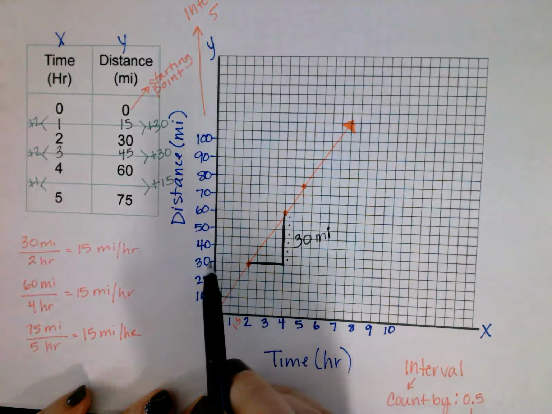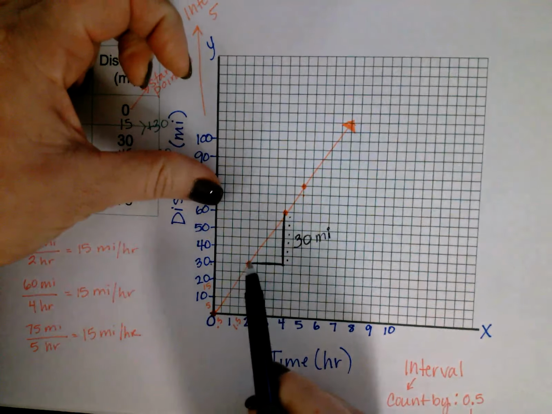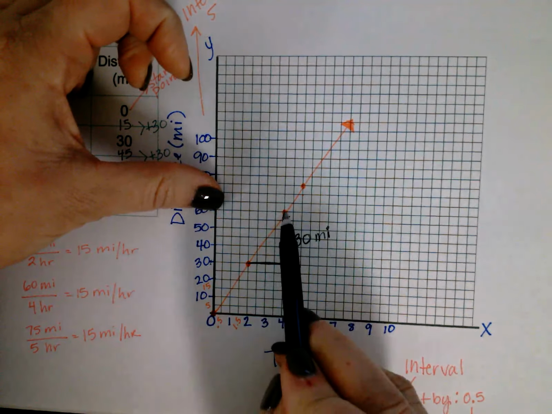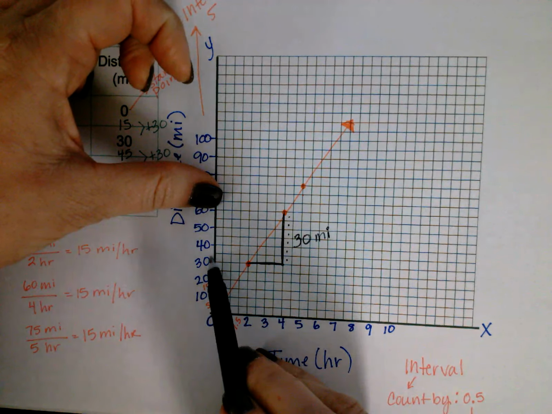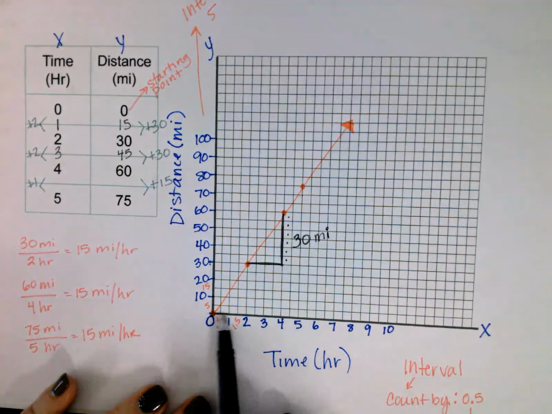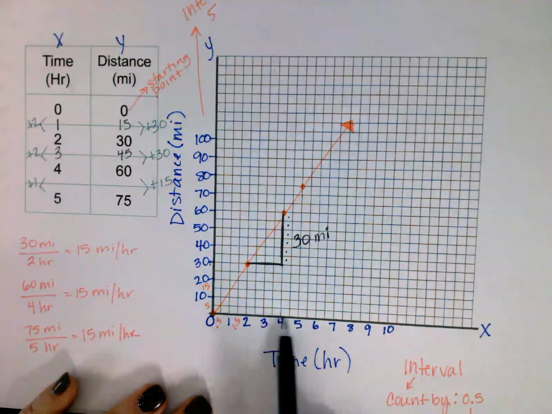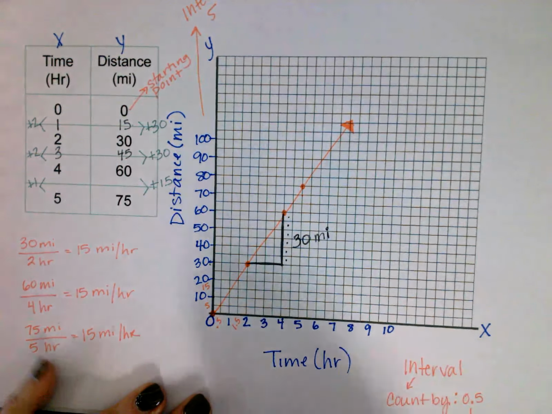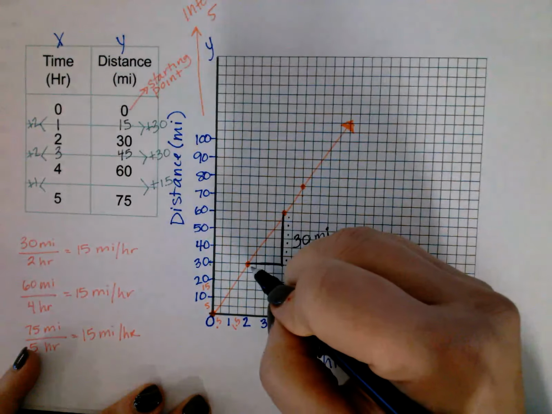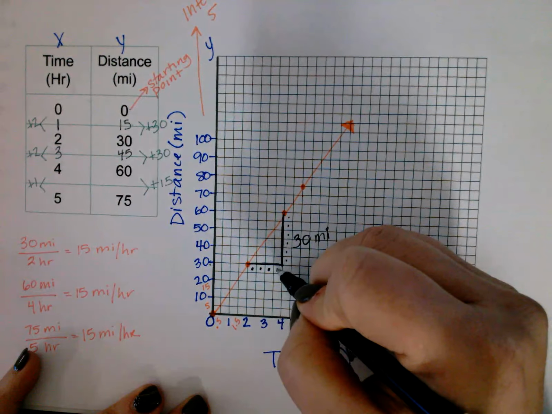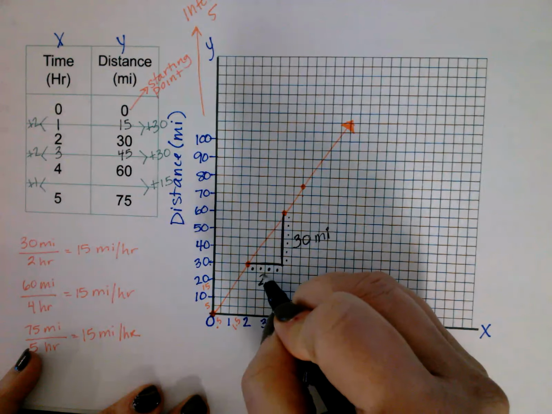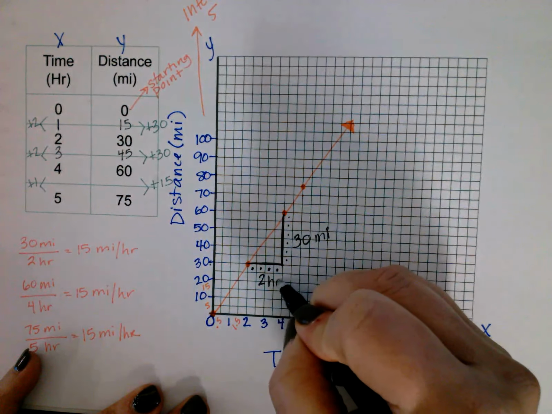That makes sense because if I looked on my graph, this dot is at 30, this dot is at 60. That is a change of 30. Remember we talked about what we counted by across the bottom? We counted by halves. So this would be a half, 1, 1.5, 2. So this would be 2 hours.